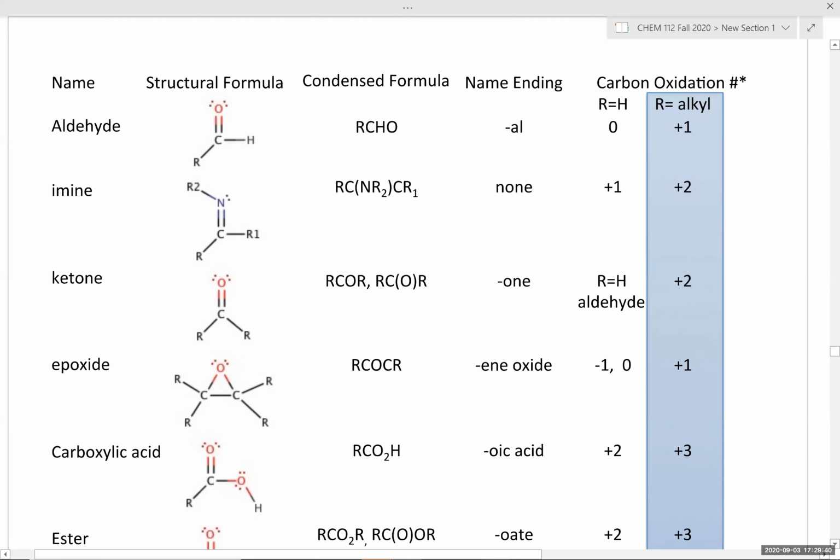I'm not expecting you to memorize these immediately, but you should start looking over them, becoming familiar with them, because it really provides you the tools to shortcut in drawing out your structures. If you can identify your functional groups, it makes it a lot easier to draw out and expand condensed structures.